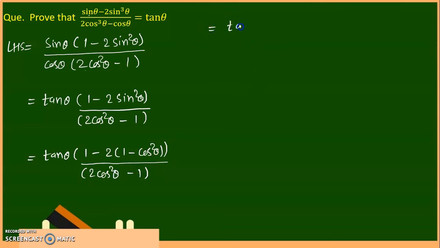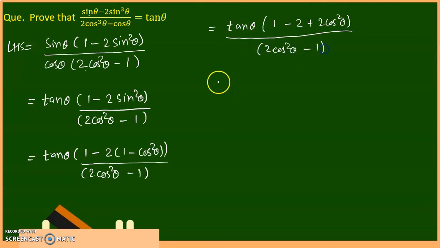So if you simplify this, here in the numerator, multiply this 2 into the bracket, so it becomes 1 minus 2 plus 2 cos square theta, divided by 2 cos square theta minus 1.